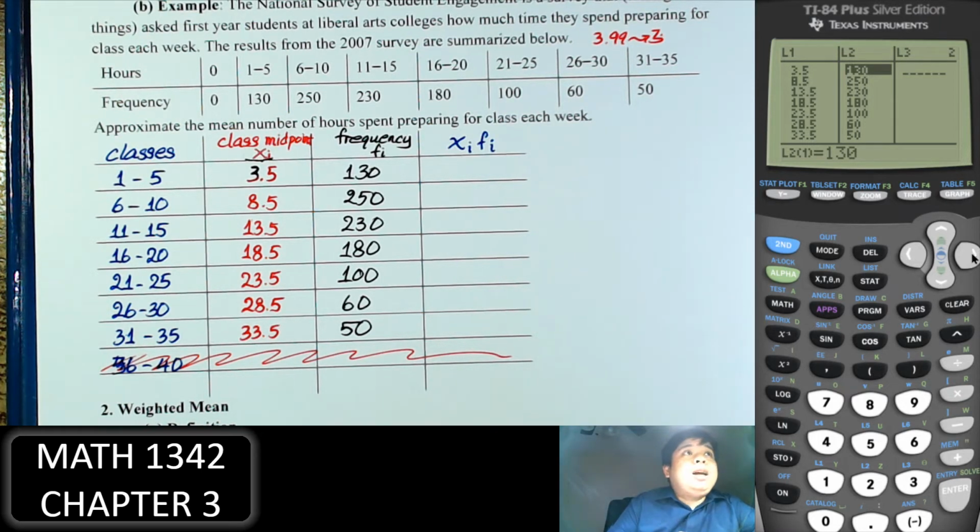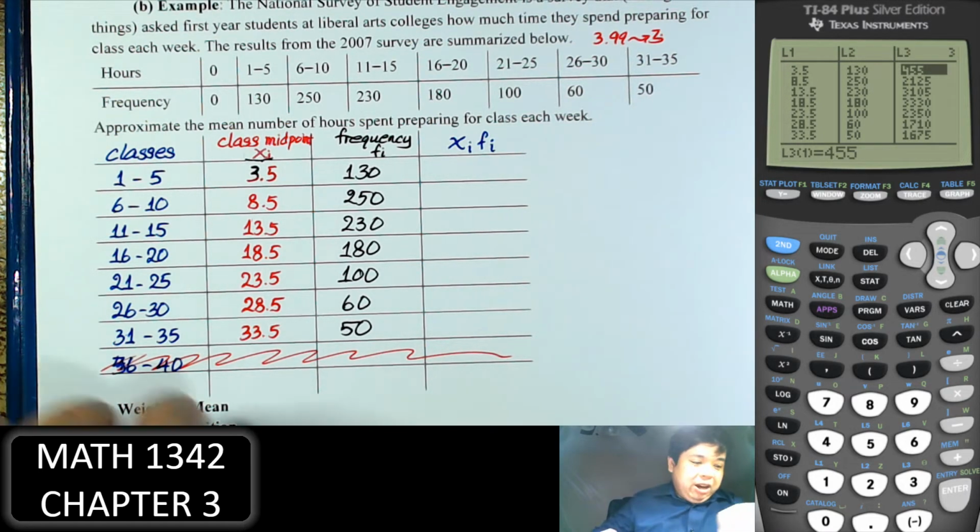Then we go to L3. Highlight L3. What we do is L1 times L2, so we multiply this and that.